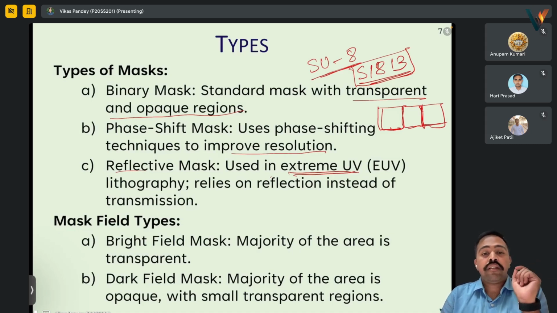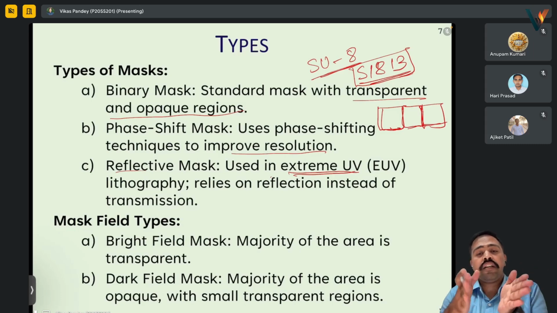These rely on reflection instead of transmission because they cannot actually be transmitted normally. So there will be transparent regions and reflective regions that will reflect back the UV.